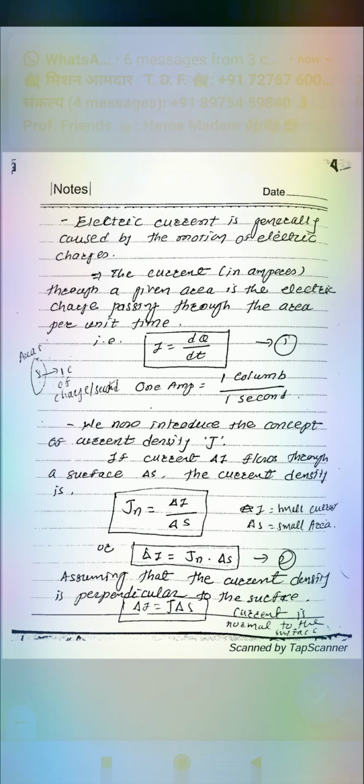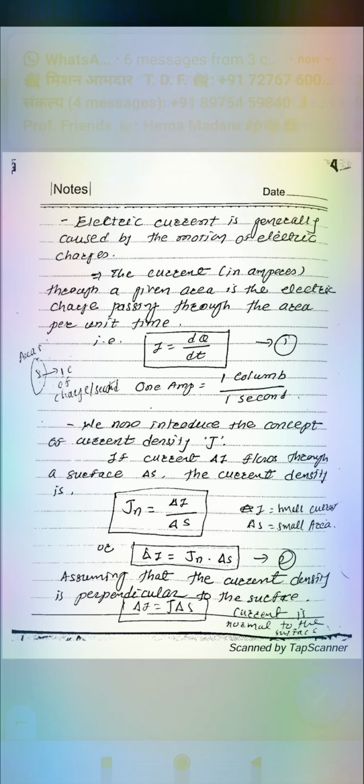In another way, how to define the current in terms of current density? Delta I is given as delta I equal to Jn, the current density, into delta S. Say equation second.